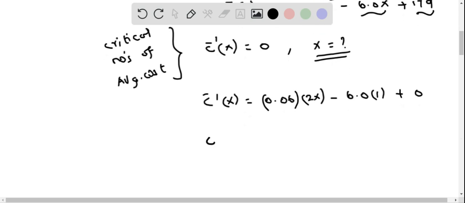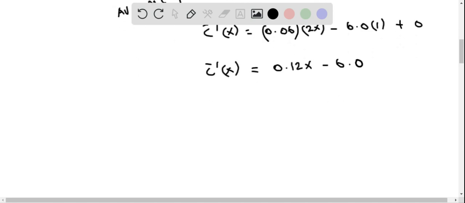Putting this in simplified form, c bar prime of x, the first derivative of the average cost function, equals 0.06 times 2, which gives 0.12x, minus 6.0 times 1, which is 6.0. So we found this derivative.